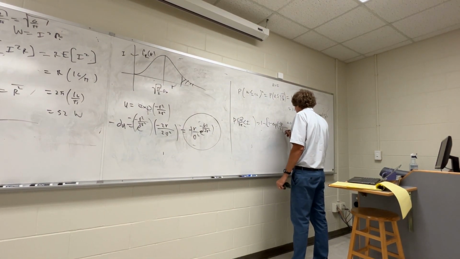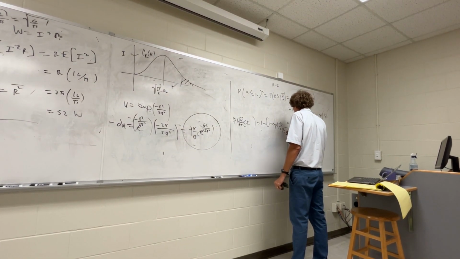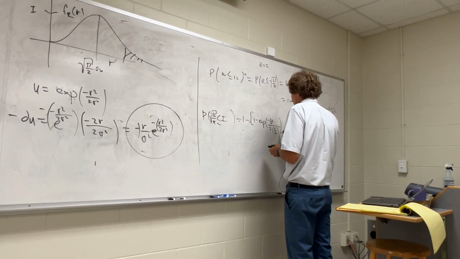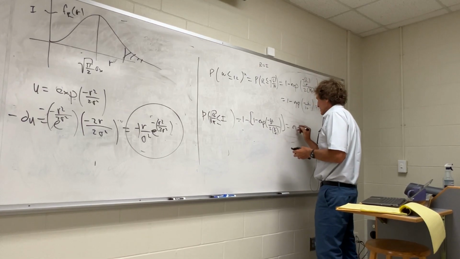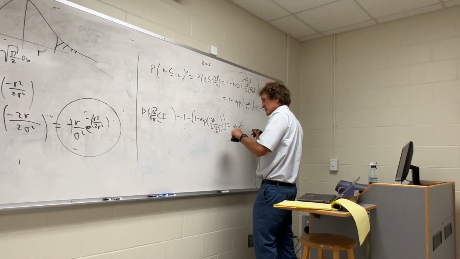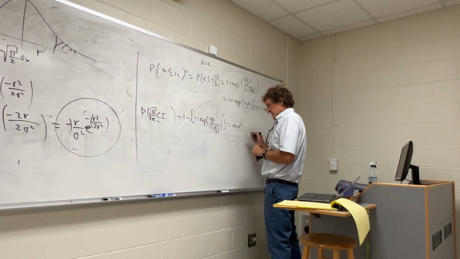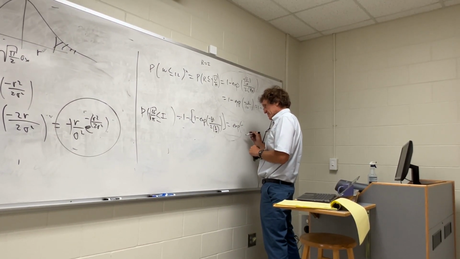He chose that for a reason, right? Because that's just simply exp to the minus 36 over 16.